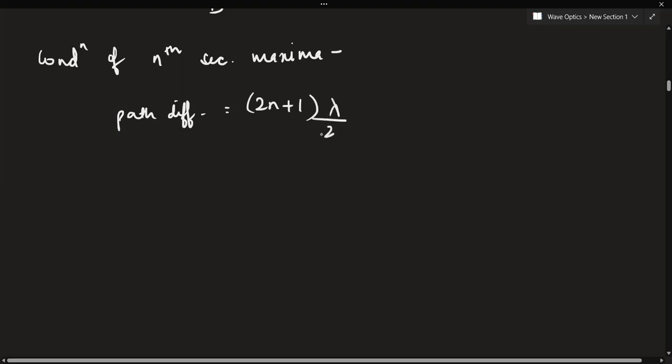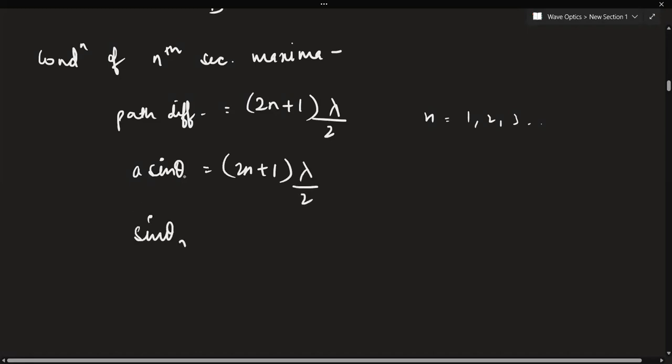You have to remember this. And n is again equal to 1, 2, 3 and so on. Now see, the previous steps will be same, and a sine theta will equal 2n plus 1 lambda by 2. So if you wish to calculate sine theta for the nth secondary maxima, this would be 2n plus 1 lambda divided by 2a.